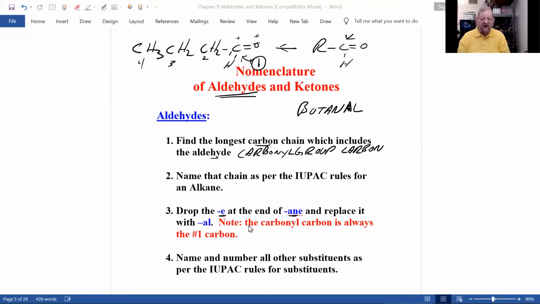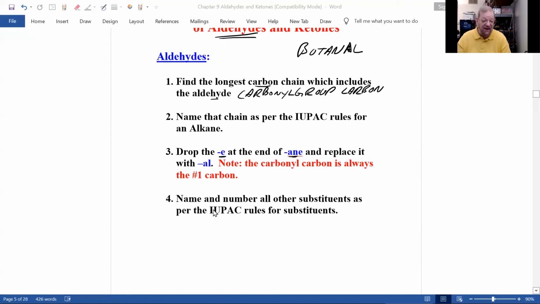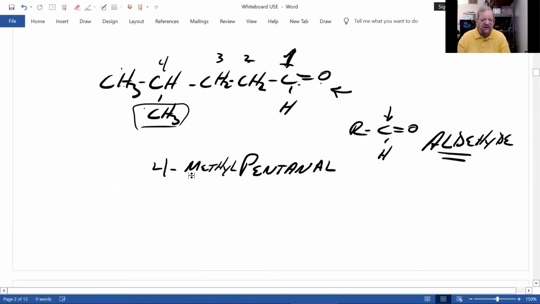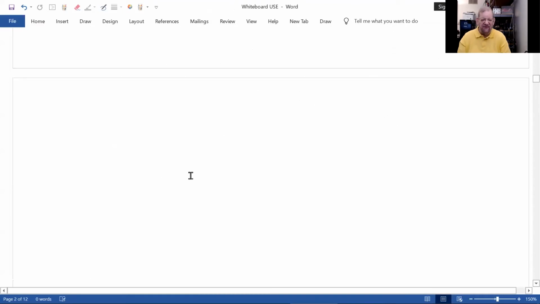The carbonyl carbon is always number one, so you never put a number, unlike with a double bond or an alcohol. And then the other rules for IUPAC substituents are the same. So I better let you have a try at one.